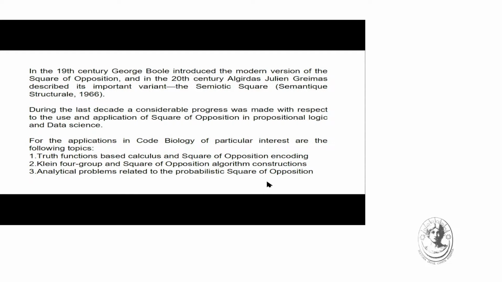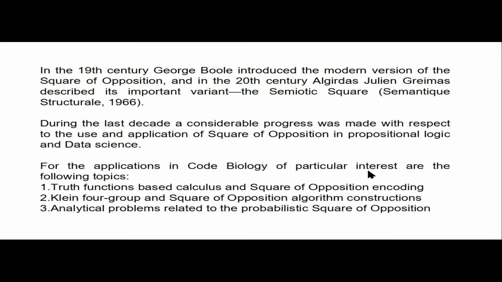In the 19th century, George Boole introduced a version of the square which resembles the modern one, and Greimas introduced the semiotic square in the 60s.